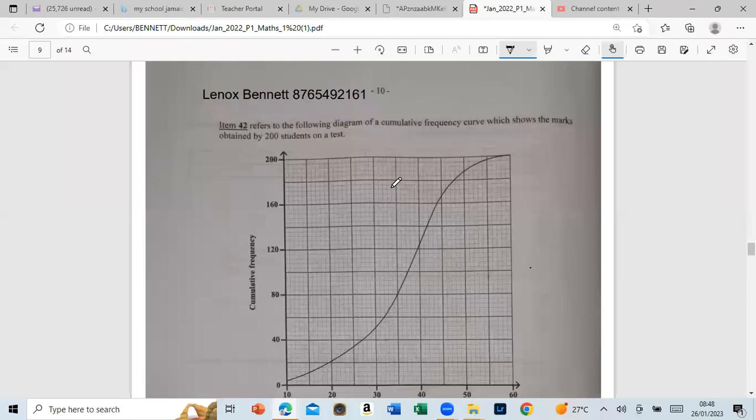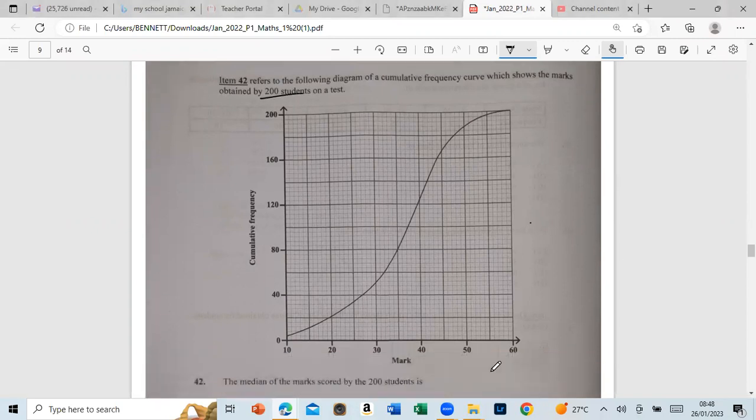So item 42 refers to the following diagram of a cumulative frequency curve which shows the marks obtained by 200 students on a test. And it says the median of the marks scored by the 200 students is... so they want the median.